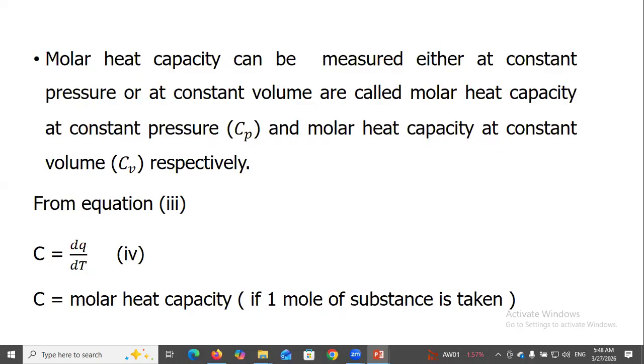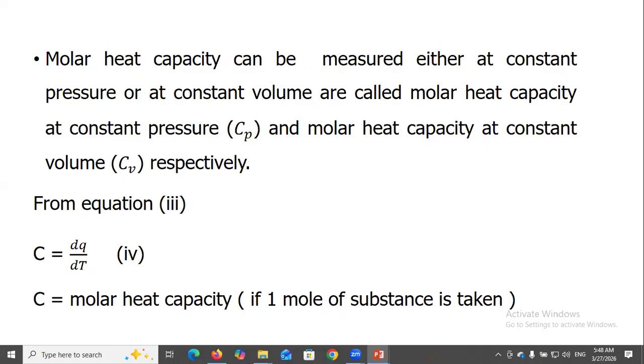Molar heat capacity can be measured either at constant pressure or at constant volume, denoted by Cp and Cv respectively.